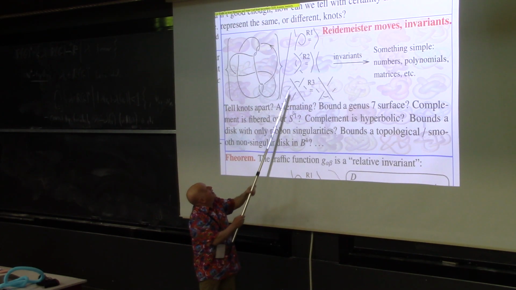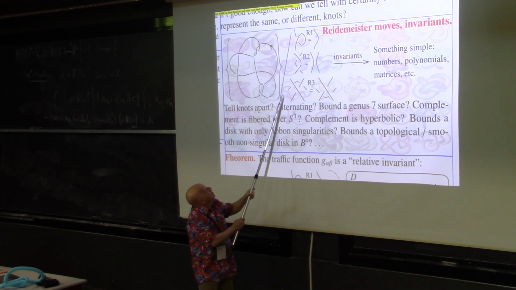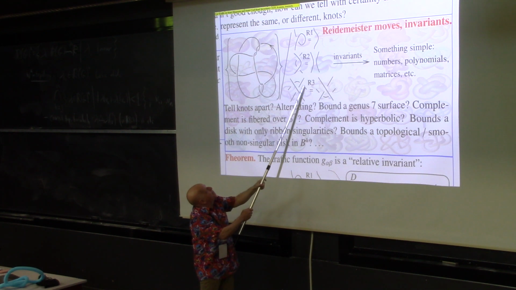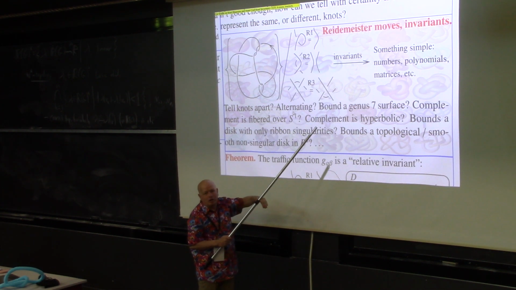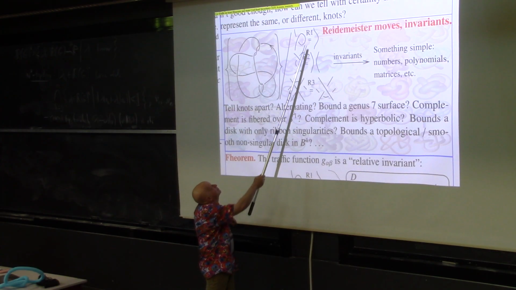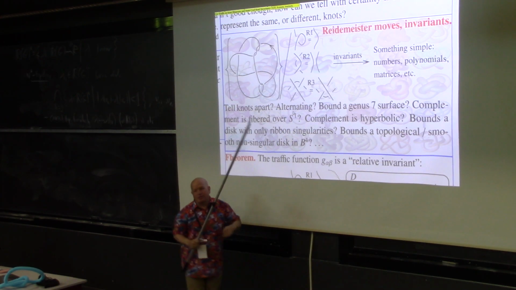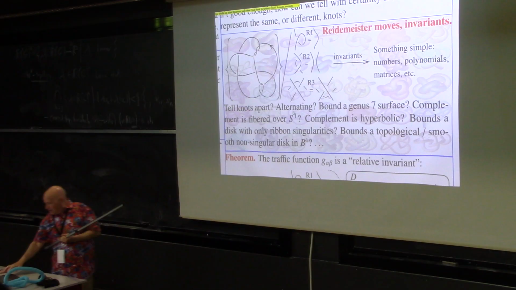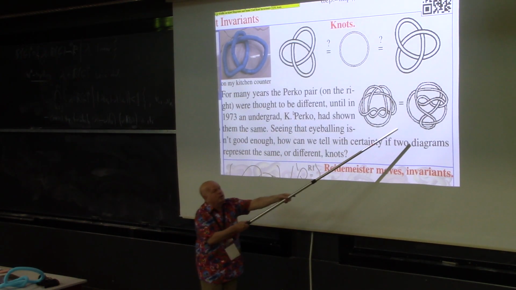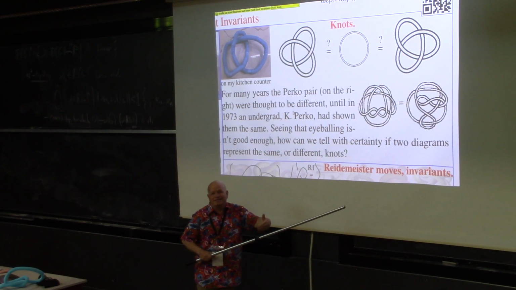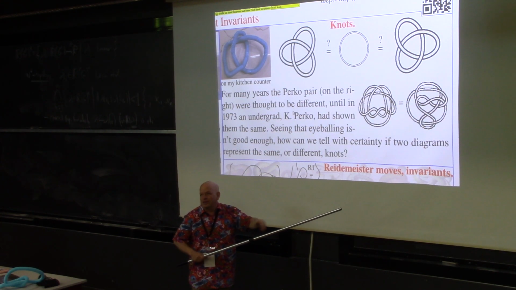And if you have a crossing and a strand passing above the crossing, you can slide it down so that it passes below. And these are called the Reidemeister 1, Reidemeister 2, Reidemeister 3 move. And it's again a way to show that these two are the same by showing a sequence of Reidemeister moves like that.